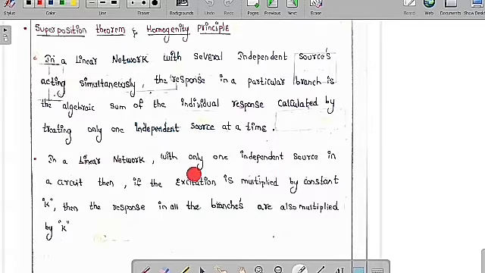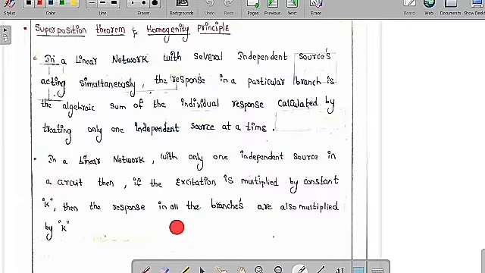In a linear network with only one independent source, if the excitation is multiplied by a constant k, then the response in all the branches is also multiplied by k. Suppose you take any linear network with only one independent source, whether it is current or voltage.